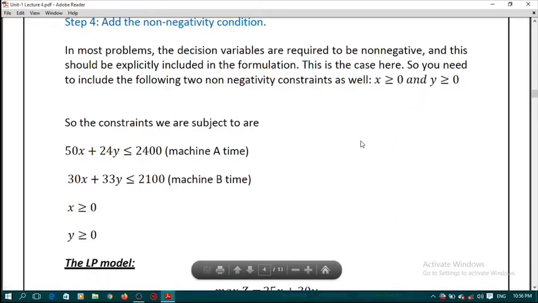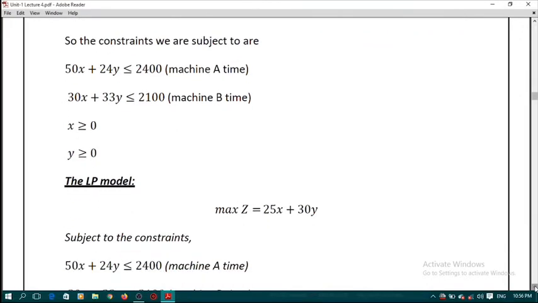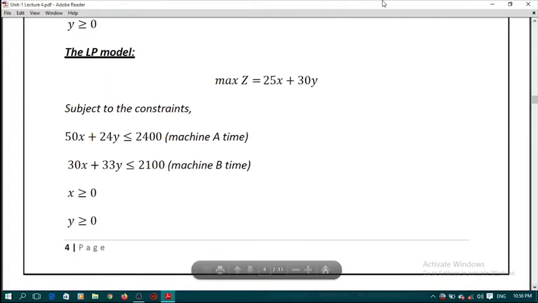So all these things are just for understanding. So when we formulate the LP model, you can directly write max z that equals 25x plus 30y, subject to the constraints 50x plus 24y, which is less or equal to 2400 machine A time. Same for the next, that is 30x plus 33y, which is less or equal to 2100 machine B time.